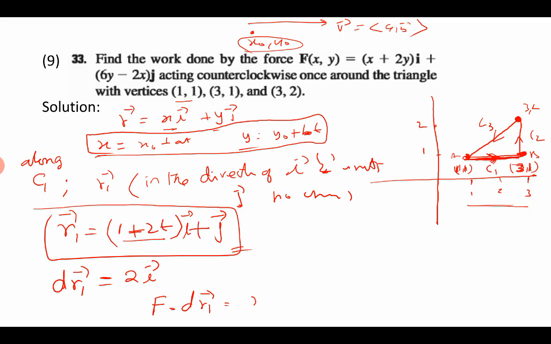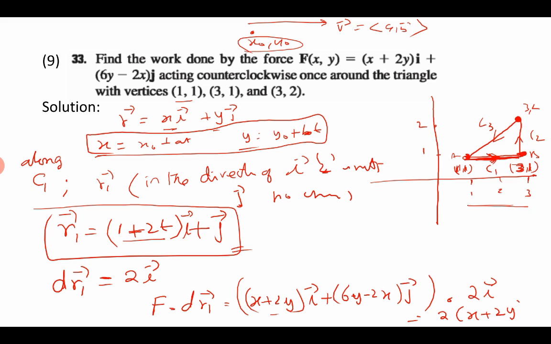f vector is x plus 2y i plus 6y minus 2x j, dot with the 2i. So only the i component will go. So the answer is 2 times x plus 2y, and x and y should be found from r1.